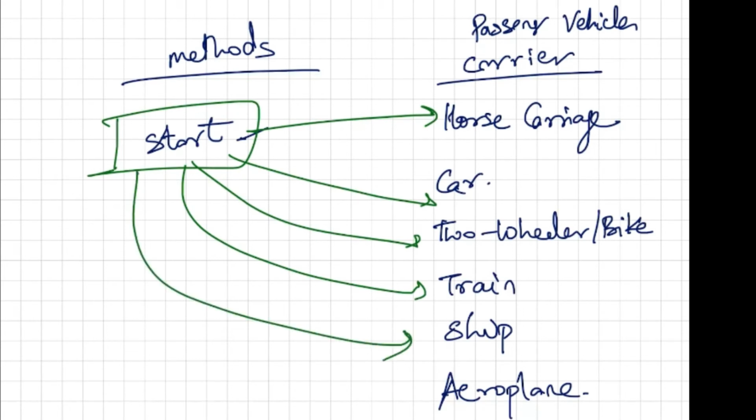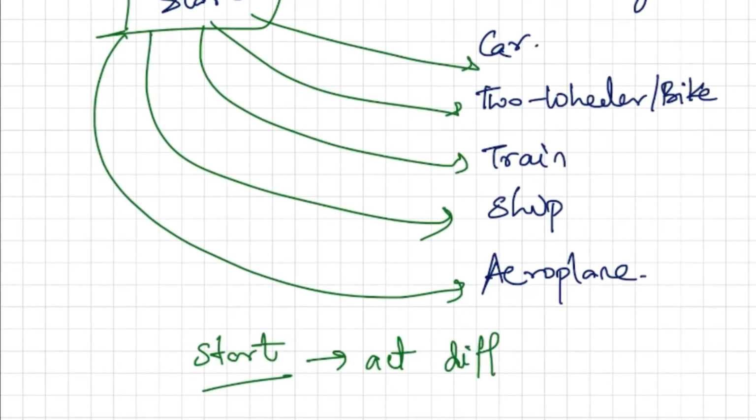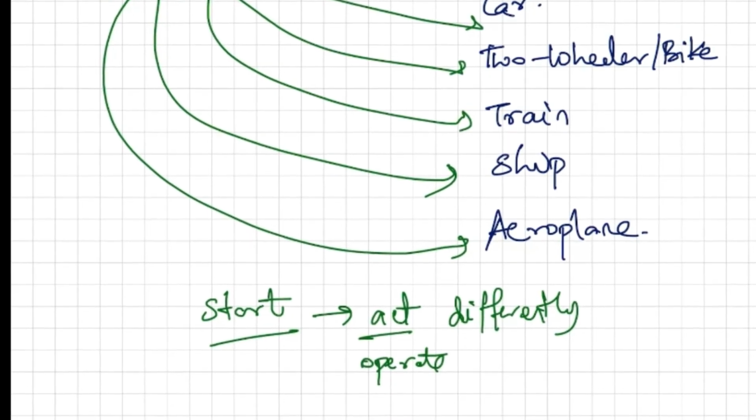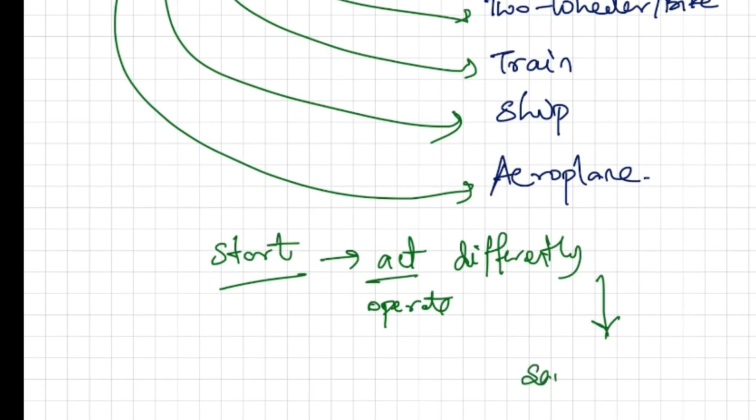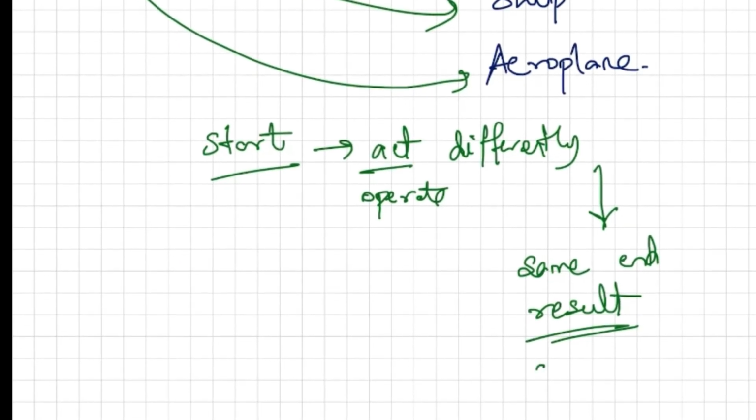In the ship, it may be a different way to start, and the plane has a different way to start. So all of these can take in a command called start, but they act differently on each of them. They operate differently, but the end result is the same, which is start moving.